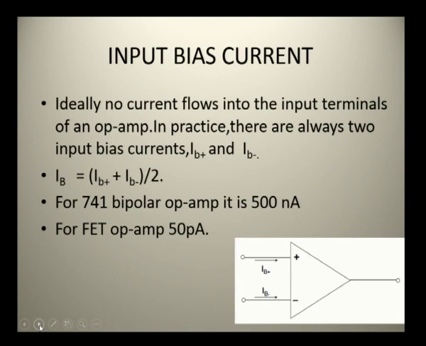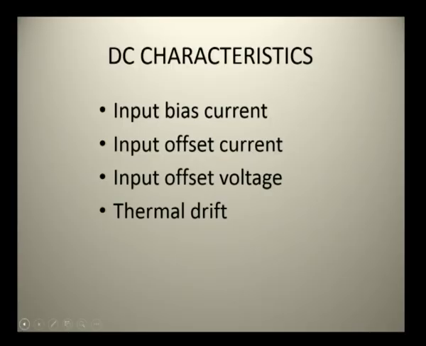Because of this input bias current, we have an output voltage in the range of millivolts or nanovolts, depending on whether the operational amplifier is made up of FET or BJT. The DC characteristics include input bias current, input offset current, input offset voltage and thermal drift. What are these characteristics?